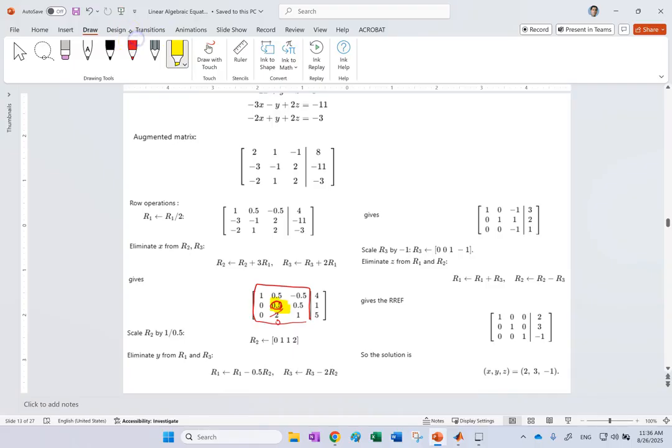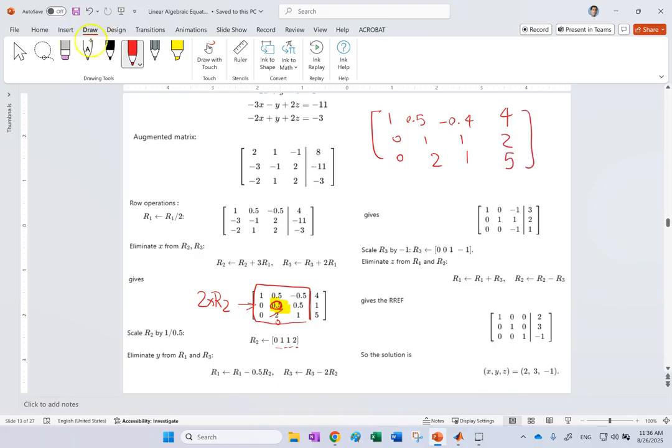So before I do anything, I multiply row 2 by 2. So row 2 becomes 0, 1, 1, 2. Now my matrix is going to be 1.5, -0.5, 4, then 0, 1, 1, 2, and then 0, 2, 1, 5. So I turn it into this.